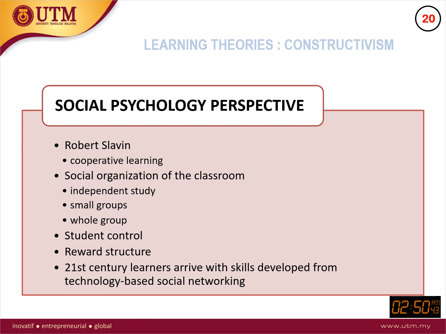So for the social psychology perspective, it's all about cooperative learning. We need to involve our students inside our classroom. It's independent study, whether it's small, whole group, students control. We could use reward structure, punishment structure and so on.